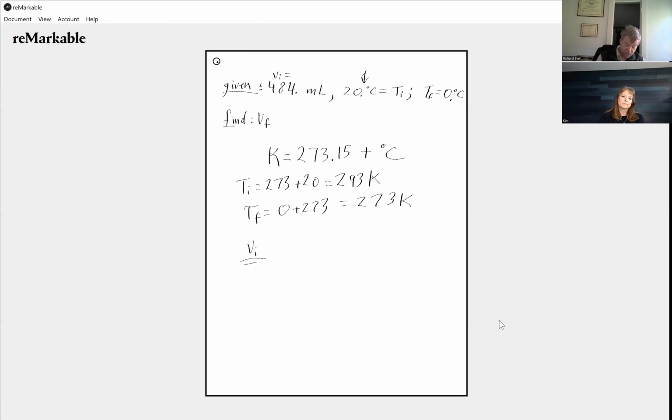we can use Chuck's law. Just substitute in, but use the absolute temperature scale. Did I do that last one correctly? I don't think I did. Yes, I did. I keep doubting myself. It's my day to doubt myself. Rearrange this a little bit.